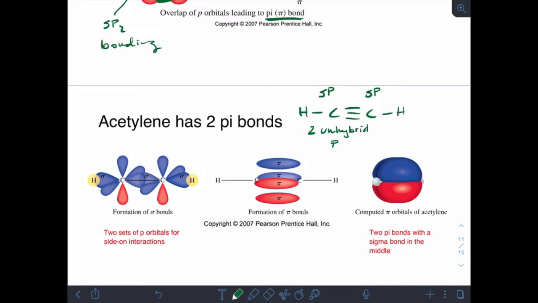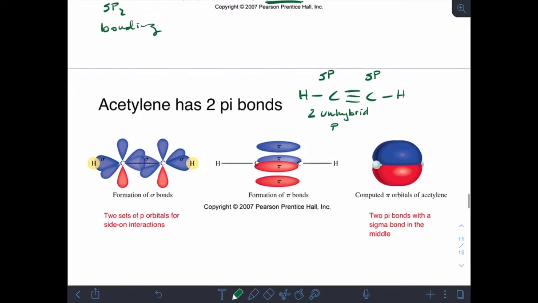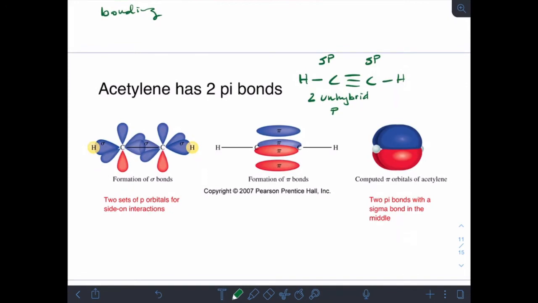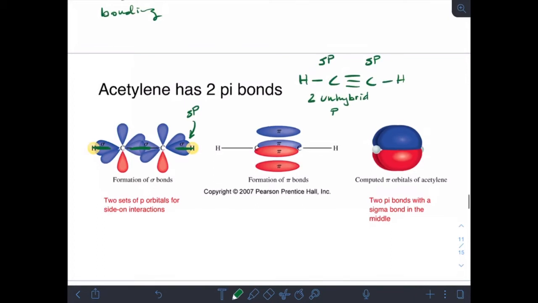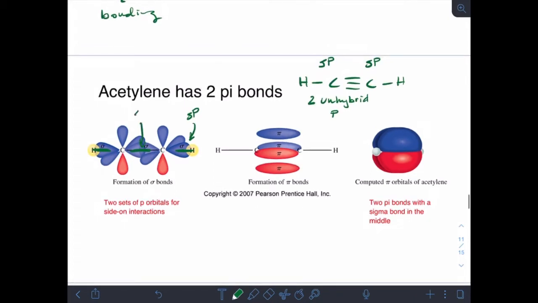Okay, so I'm looking at the diagram over here on the left, right? So you see your sigma bonds. Your sigma bonds, those are the sp's doing their bonding, their direct overlap. Right?